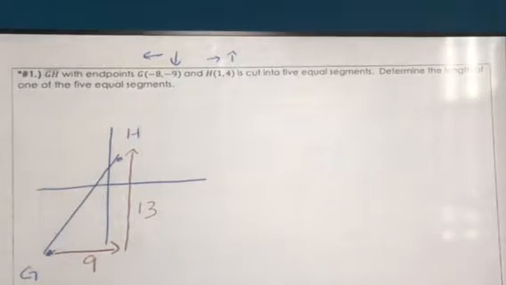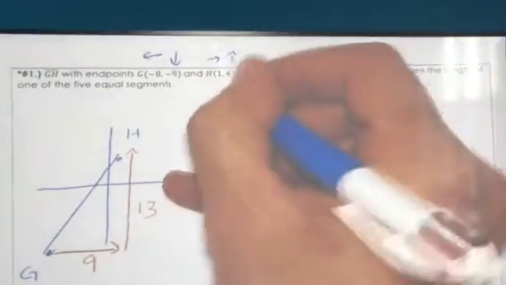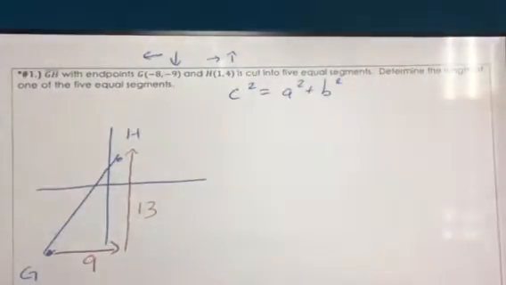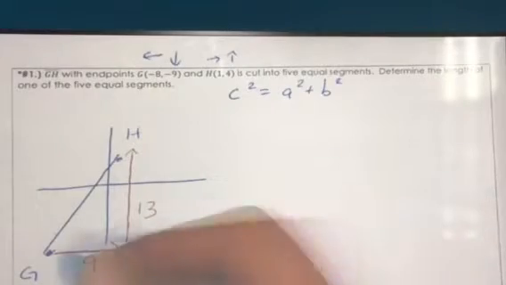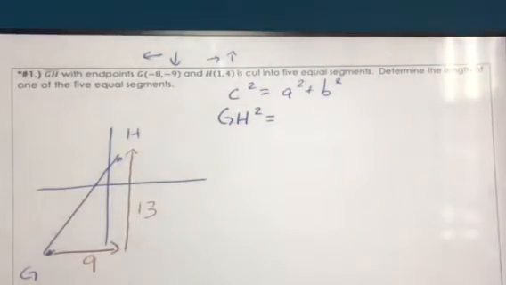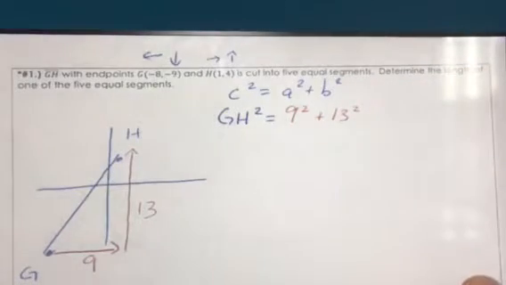Okay, so now we know that the hypotenuse squared equals 1 leg squared plus the other leg squared. So now we're going to substitute, and this is GH. So GH squared equals 9 squared plus 13 squared.